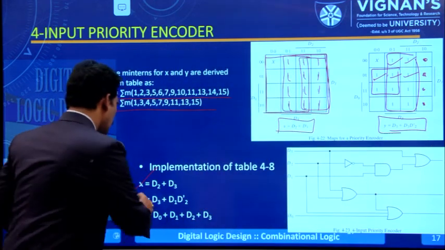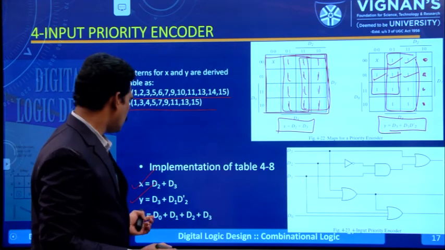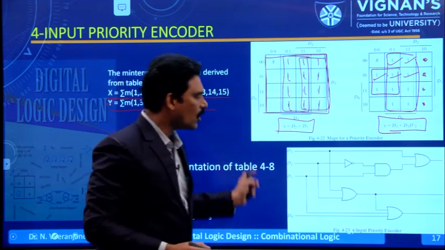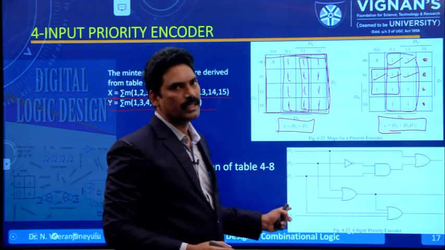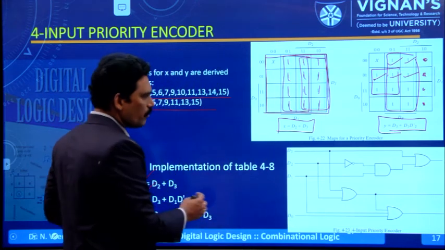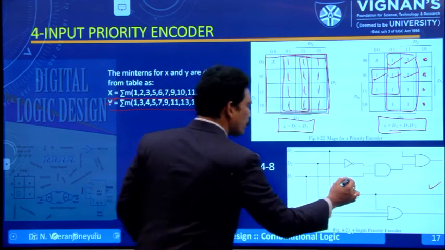And what about V? V is equal to D0 plus D1 plus D2 plus D3, and this is the logic diagram for the 4 input priority encoder. So, what is X? X is equal to D2 plus D3.